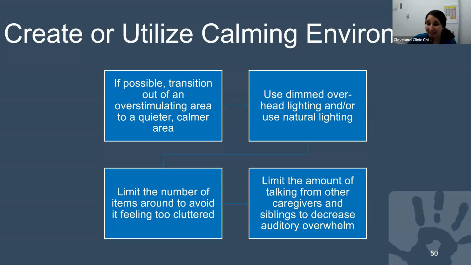And then if you have a sibling in the background who's singing along to a song, that's just adding more noise. And then the TV's on in the background, and Spotify's on the Alexa. That's a lot. So let's find ways to limit some of the noises in the environment and limit the amount of people who are trying to talk to and talk at the kiddo.